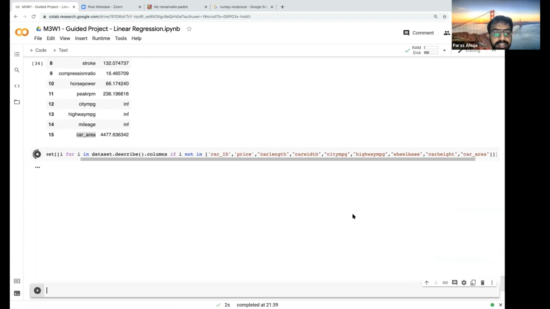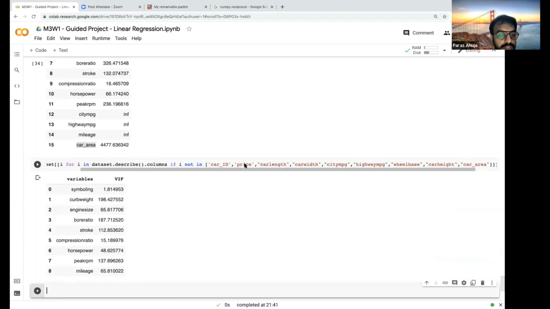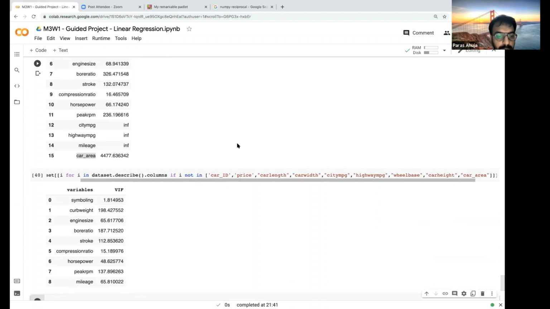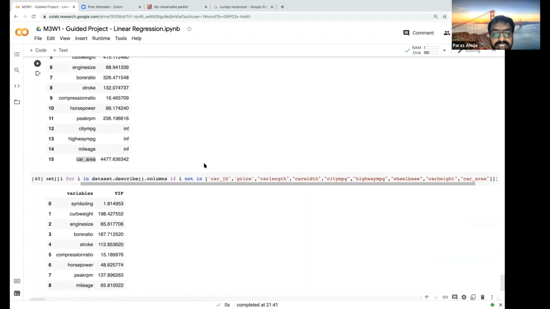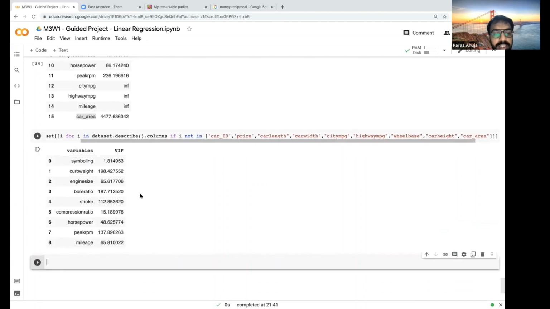Is it getting complicated, guys? Right. So this is the exercise that you'll have to do, and finally, after doing this exercise, you'll be left with 3 particular columns.